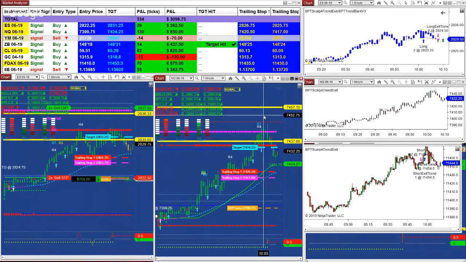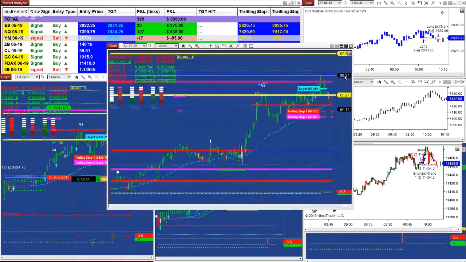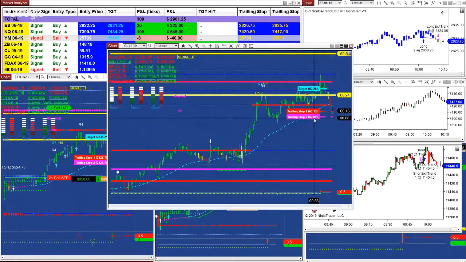I'm trying to find some kind of entry on the CL, sir. It could be there is a new signal. If the CL hits below 60.09, you have a potential for a short.